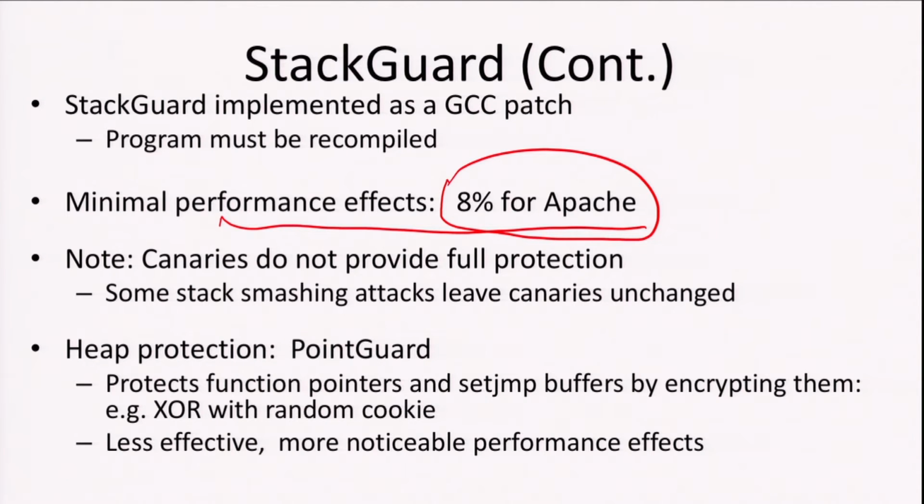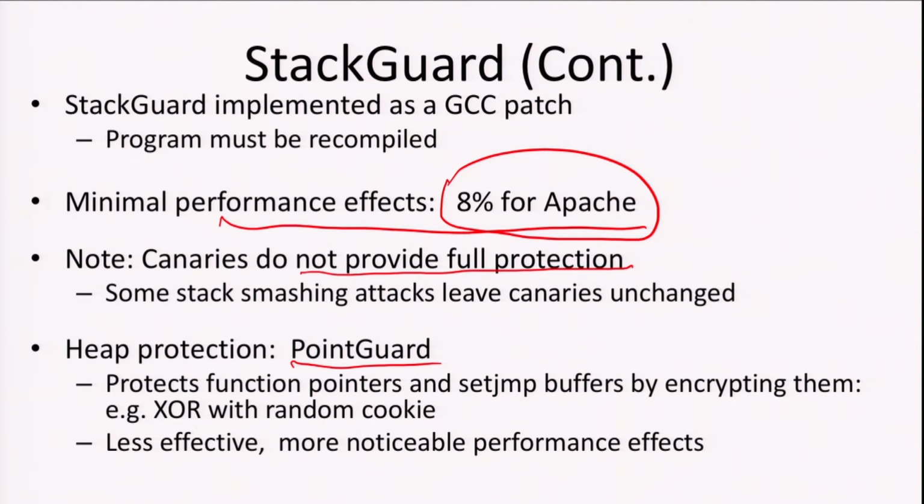Now, canaries do not provide full protection, so it's not a 100% solution. As we pointed out, if you can guess the canary, for example, then you can overcome this defense, and the canary will remain unchanged and you won't detect that there has been a buffer overflow. And for heap protection, this doesn't work.